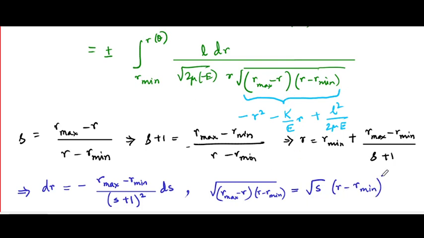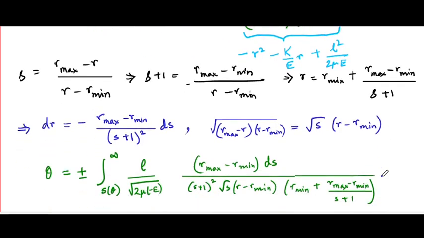So plugging all of this back into the integral, we see that apart from the L over root 2 mu times minus E, what you have is the following. You have r max minus r min ds by s plus 1 whole squared. That essentially is the dr apart from a minus sign. Then we have this root s, into r minus r min, into r, which I have also rewritten in terms of s.